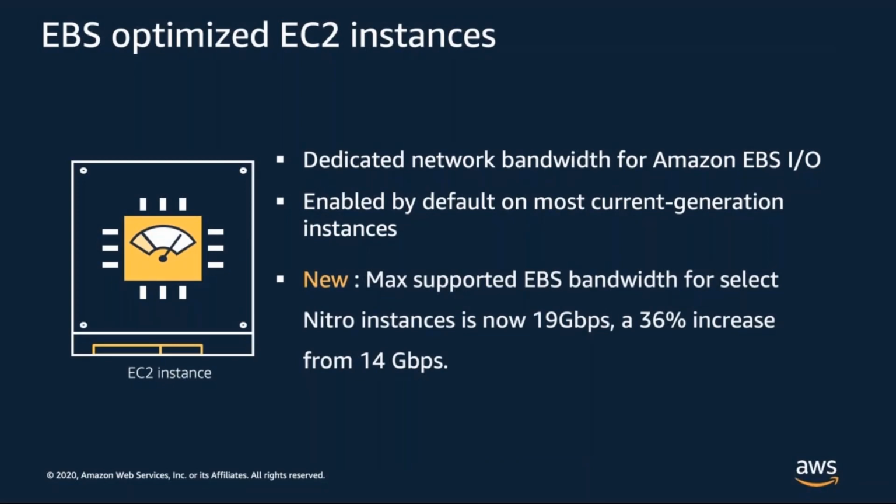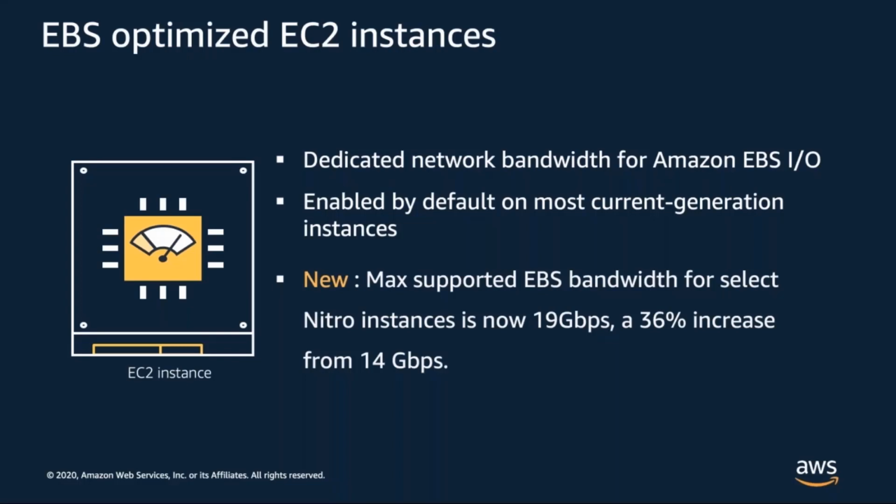What are EBS optimized EC2 instances? They offer dedicated network bandwidth for Amazon EBS IO data path. In most modern generation EC2 instances, EBS optimization is enabled by default. They deliver dedicated bandwidth to Amazon EBS.